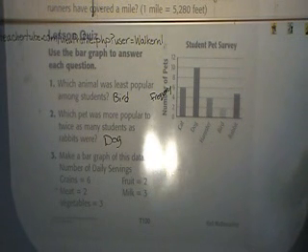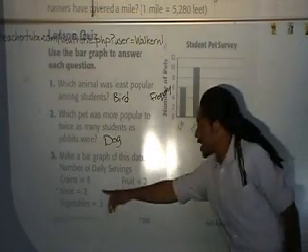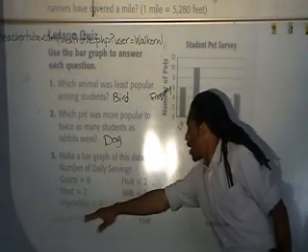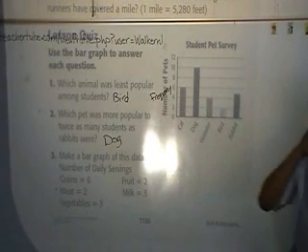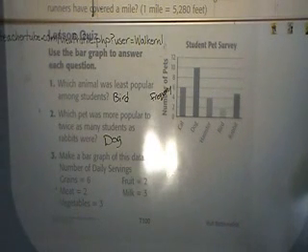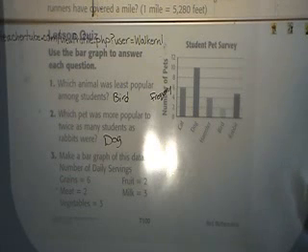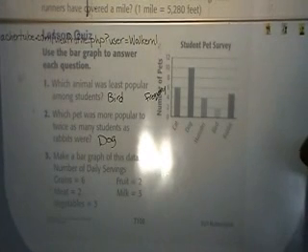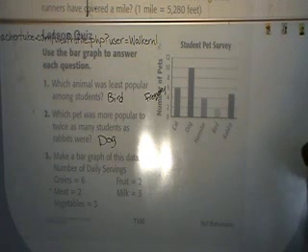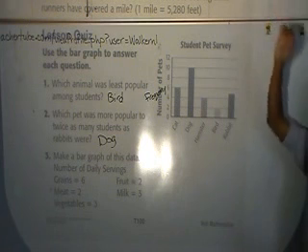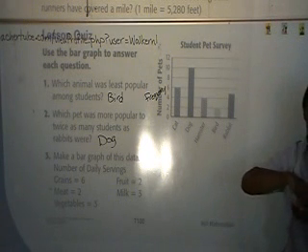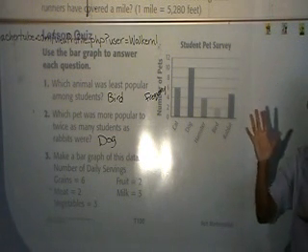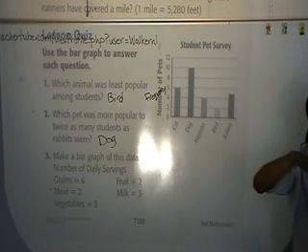Our range is the difference between the highest and the lowest. So we have to make sure we have both of those numbers represented. Then if we need to go up in intervals, we have to make sure that we have enough intervals where our graph won't be super long and where we still cover all of our information, our highest number and our lowest number.